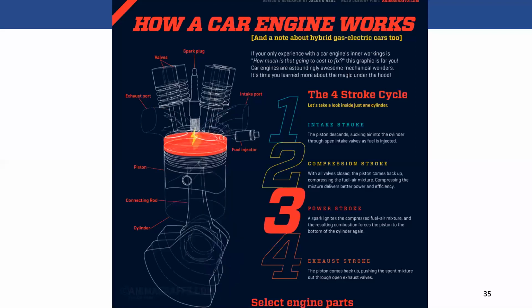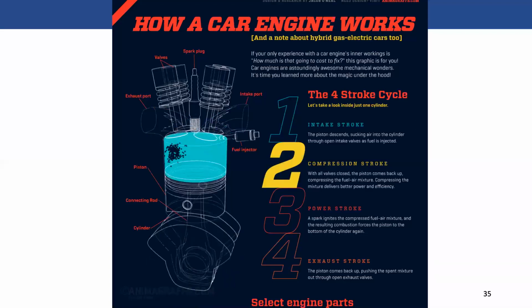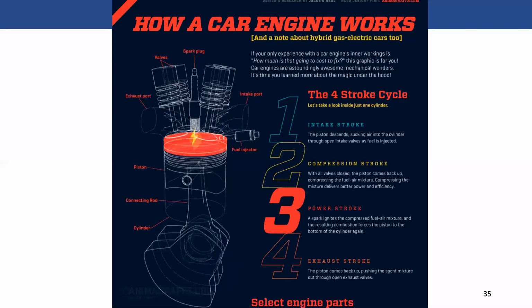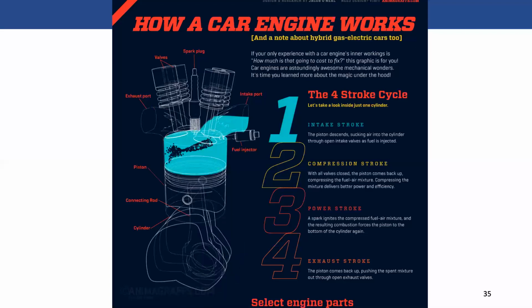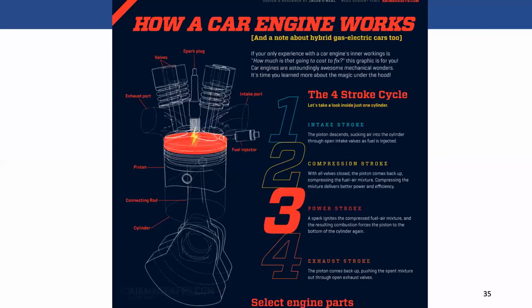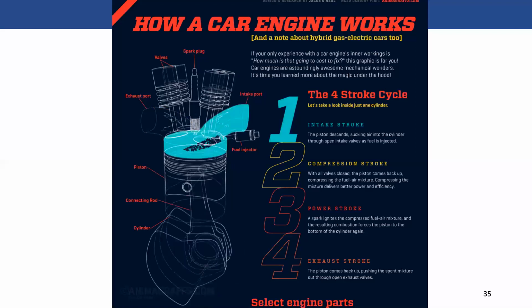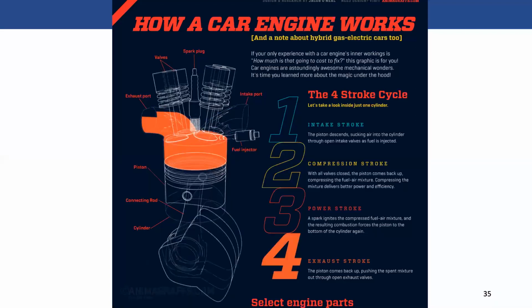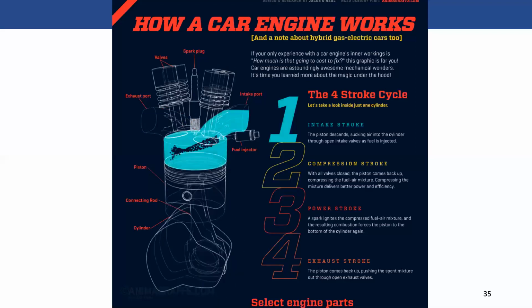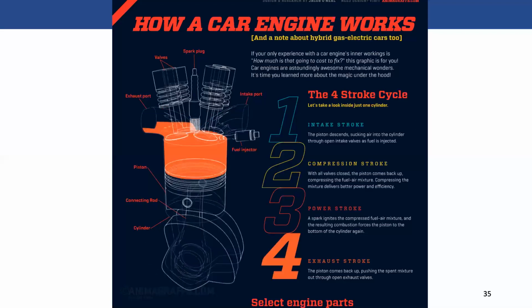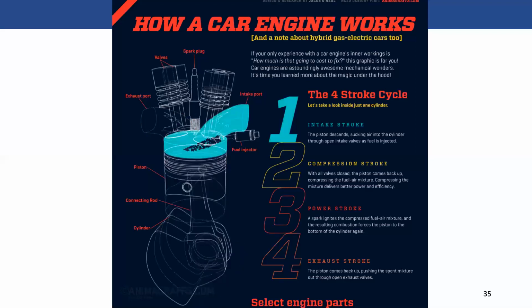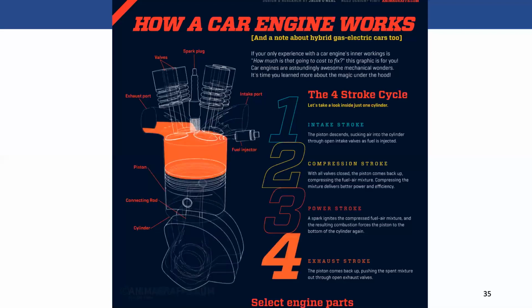Okay, so this is a neat little graphic that I've been using for a couple of years now that describes the operation of a 4-stroke cycle as well as a gasoline engine. There are 4 stages here. This whole diagram is depicting a single piston in your engine. In the first stage, you've got what's called an intake stroke.